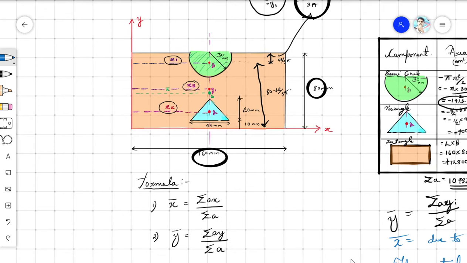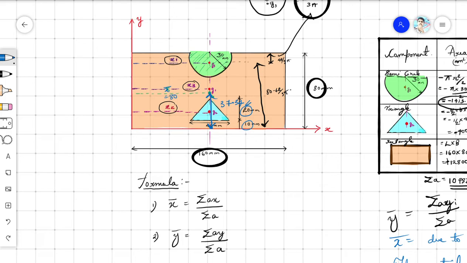So now this x bar value becomes 80, and this y bar value becomes 37.34. So 10 plus 20 plus a little bit of 37 gives you the centroid of this following section.